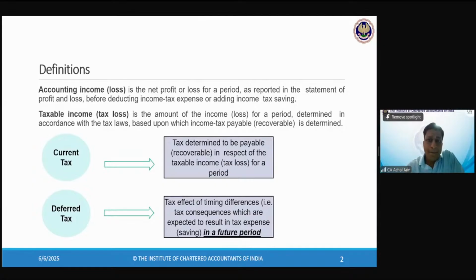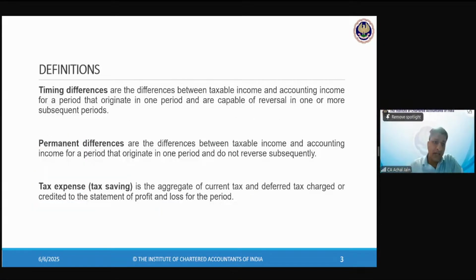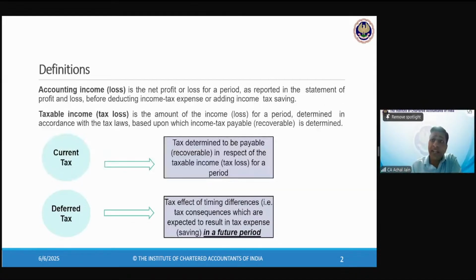All right, so now there are a few concepts over here which we need to understand. There is a concept which is called accounting income or loss. So what is the meaning of this?